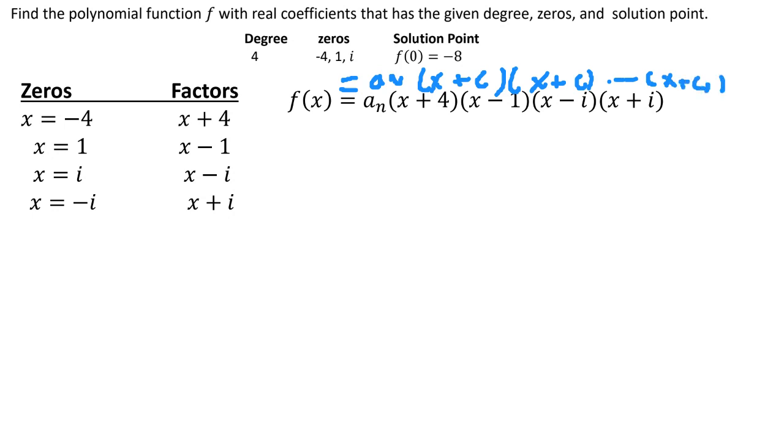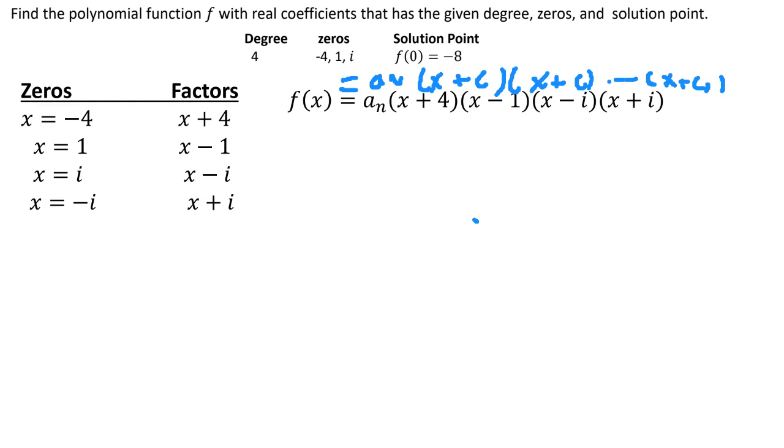Okay, so you get all the linear factors. If you multiply them together, you get back the polynomial. Now a sub n is like your leading coefficient. Right now we don't know how to get it, but I'm going to show you that the solution point is going to allow me to find out what a sub n is equal to.